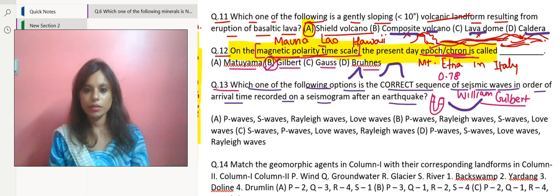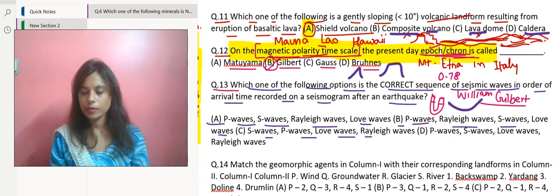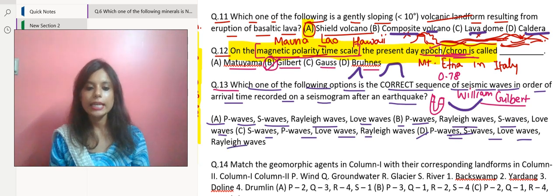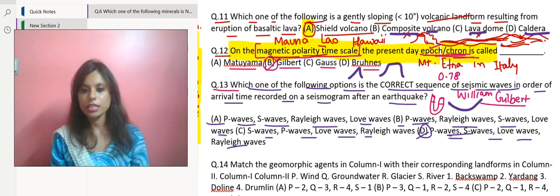Now here, just go through the sequence that is given in option A. Then let's go through the options in B. No, these are not the correct orders. Moving over to D. Yes, D is your correct answer. Okay, option D is your correct answer.